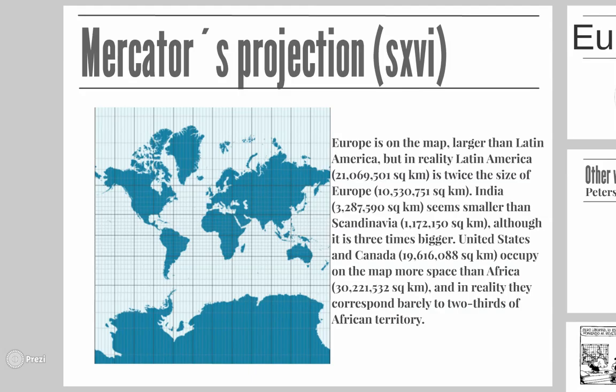What Mercator wanted to do is turn a cylinder map into a flat map that could be printed on a piece of paper and that could be used in navigation, and geographers, cartographers, and navigators could take this map on a ship and move around the world. That was essentially the objective of Mercator.